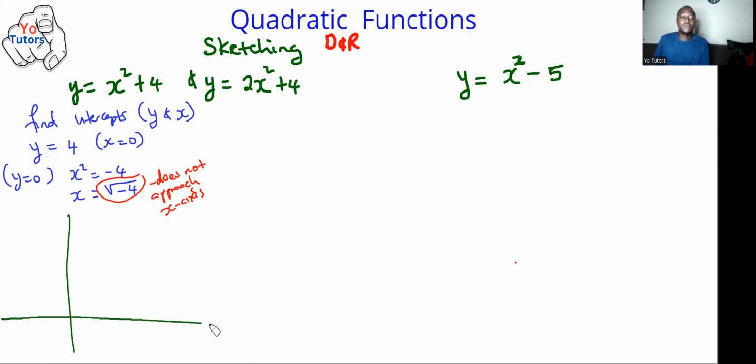Okay, then we have got our y-axis there. Now we're going to have our x squared plus 4. So x squared plus 4 is going to be like this.